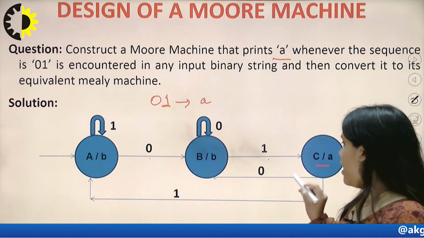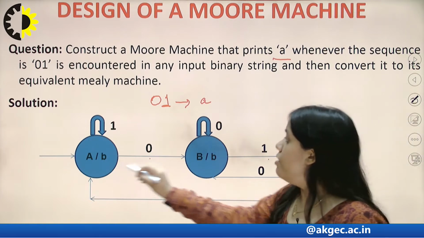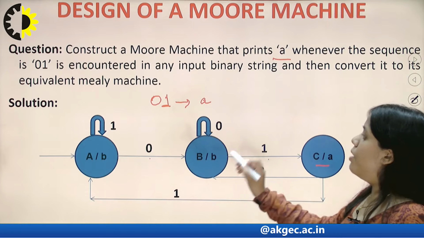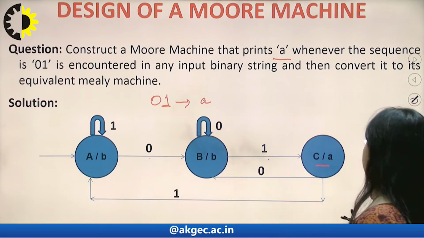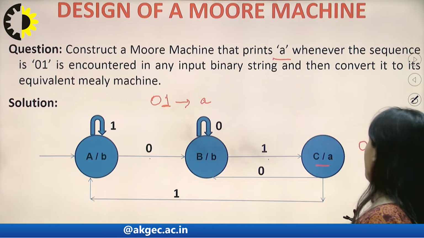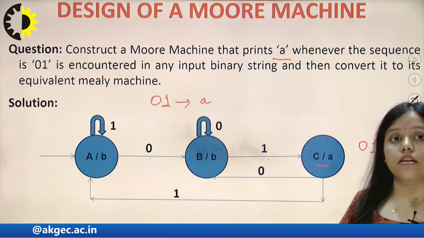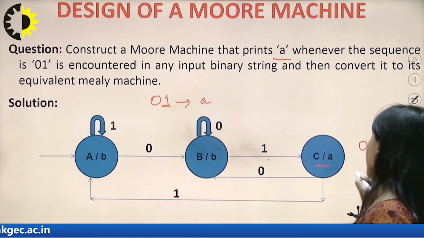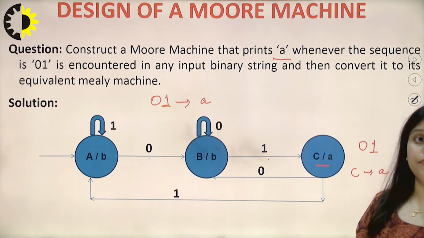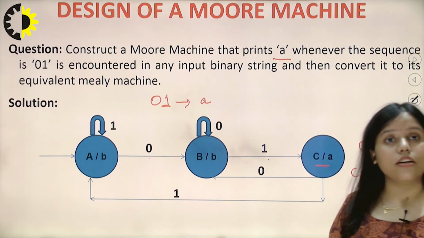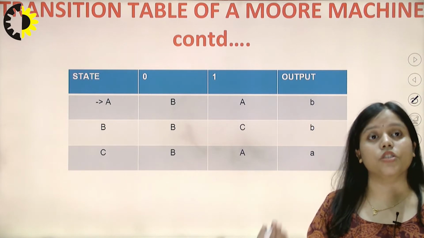And in any case, if we see 0, 1, then 0 again multiple times, every time in this DFA, whenever 0, 1 is encountered, it reaches state C, and state C has its output as A. I hope this is clear to you. Now let's see how the transition table of a Mealy machine is created.